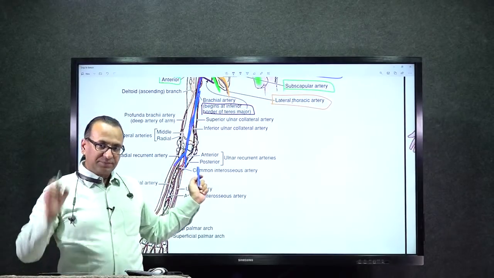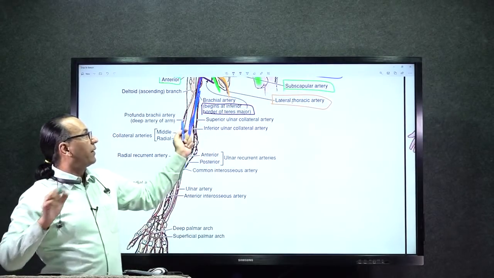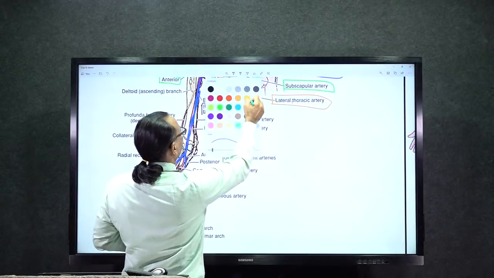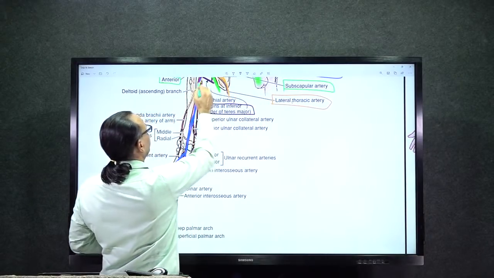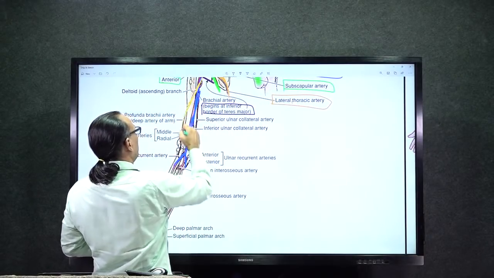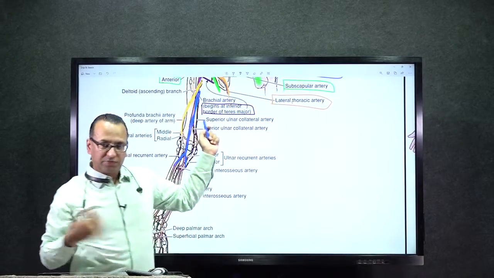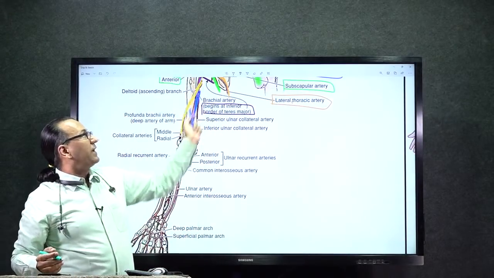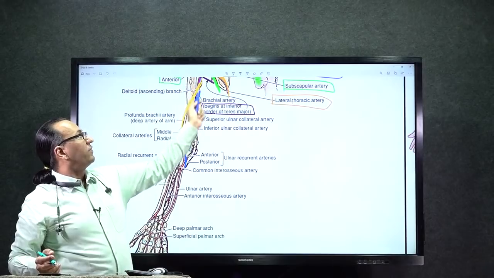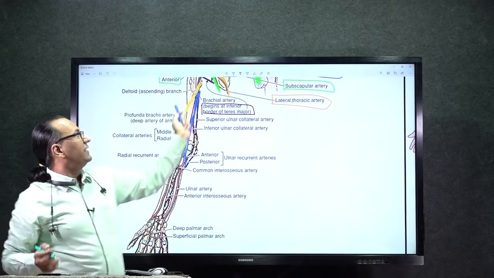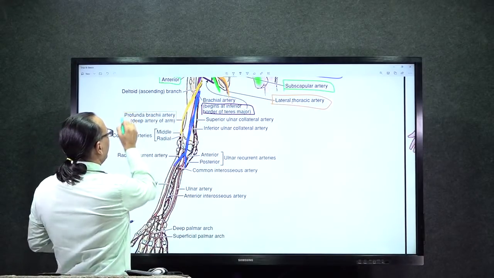But before that, it will be giving one branch which was passing posterior to the humerus bone. So what was the name of this deep artery of the arm? The brachial artery giving the deep artery of the arm is called the profunda brachii artery.